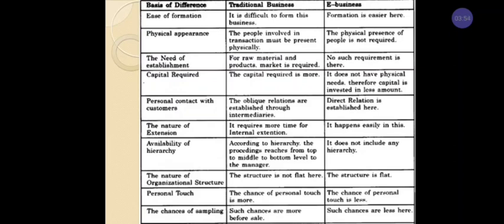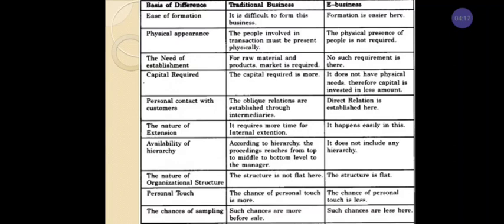Next one, capital required. Traditional business requires more capital. In e-business, it requires less capital. And next one, personal contact with customers. In traditional business, it is compulsory that the seller should have a good relationship with the customer.